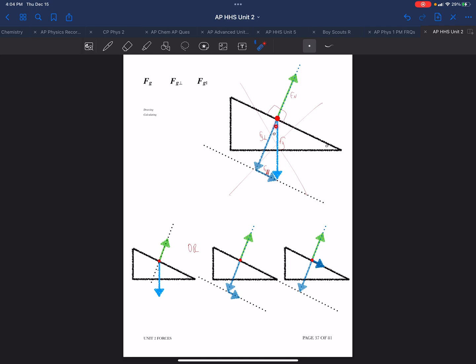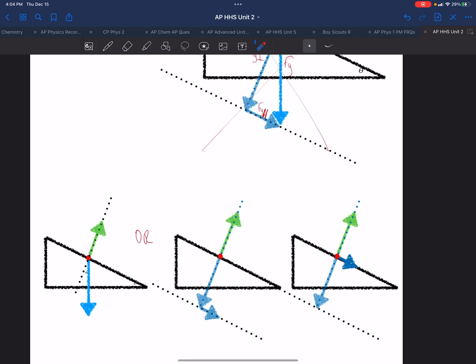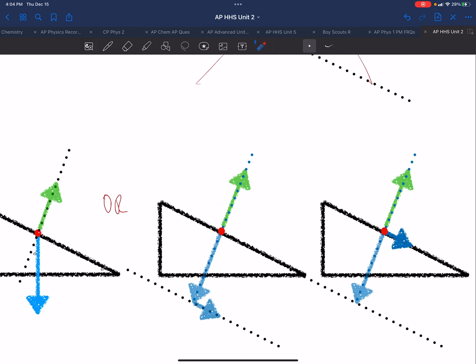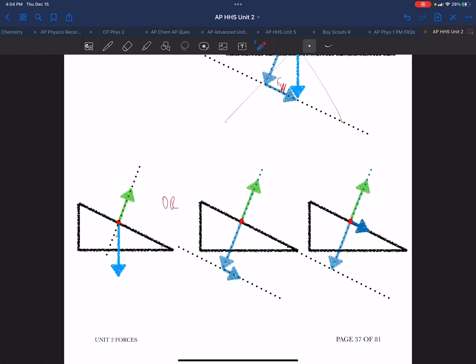We have the force of gravity here, and we have its two components. So we either need to draw it as the force of gravity or as its components. Now, for our utility, what we care about is the forces acting on this body, shown by this little dot. So there is a part of gravity pulling it into the plane, and there's a part pulling it down the plane.